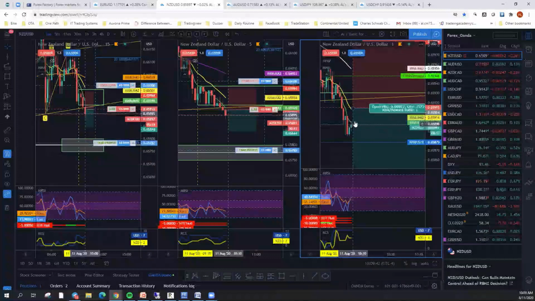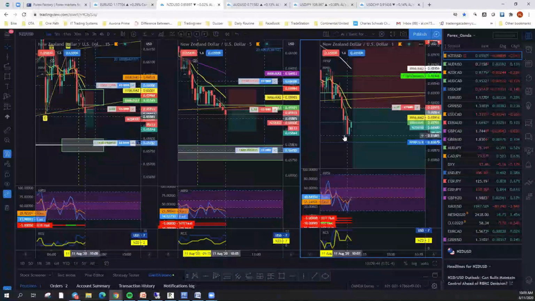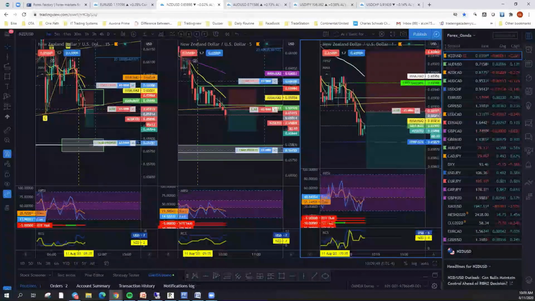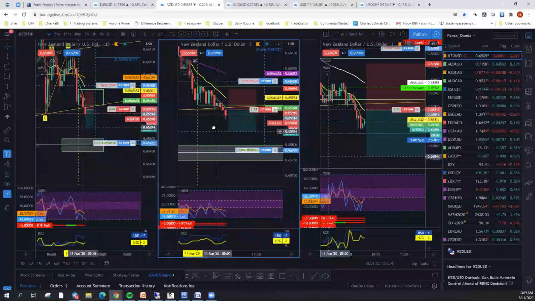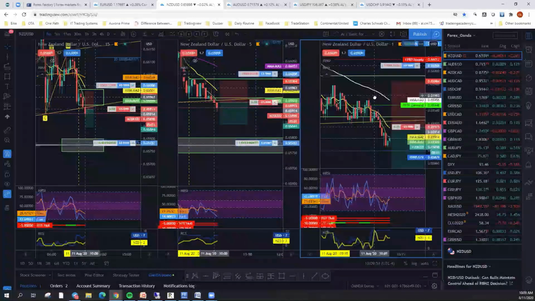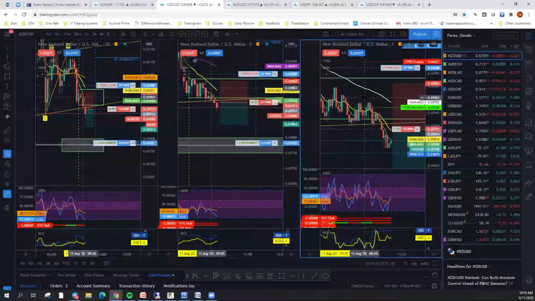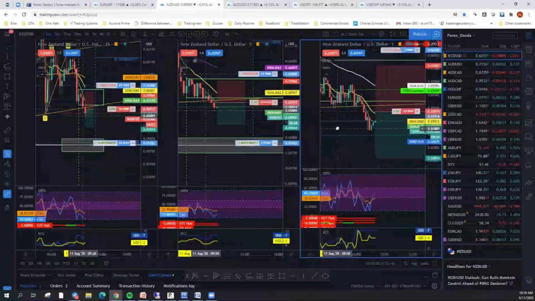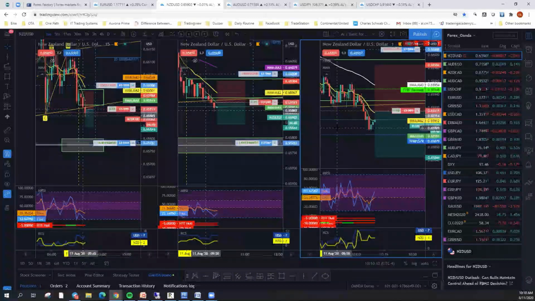And now it's a matter of whether or not it's going to break to the bottom here. Right now, there's still no reason to get out of this trade. Again, be willing to let it breathe a little bit.